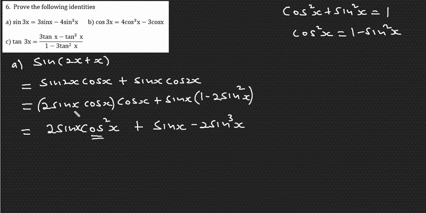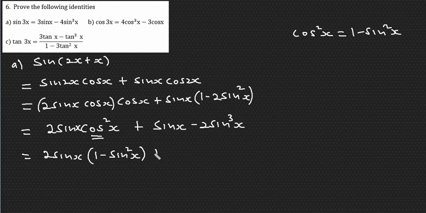So I'll come back here and I say that this is going to be 2 sine x times the cos squared, I take 1 minus sine squared x, then plus sine x minus 2 sine cubed x. Now another achievement, we have now eliminated the triple angle, the double angle, the cos. We remain with sine throughout. So from that we just simplify and we see what we remain with.